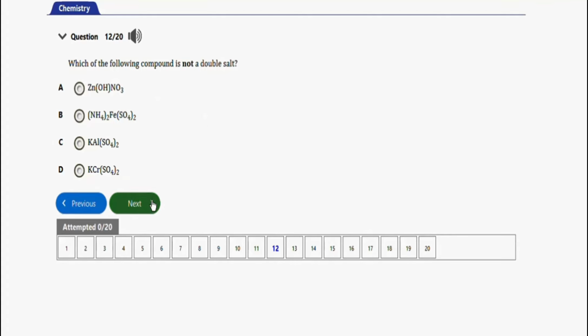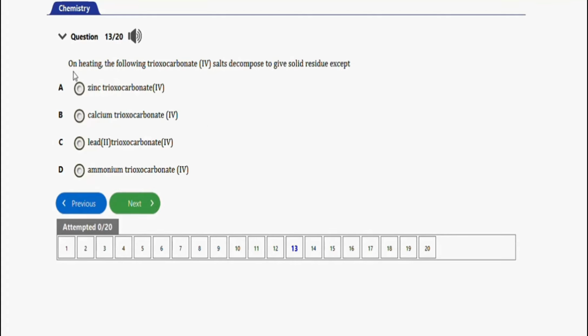On heating, the following trioxocarbonate(IV) salts decompose to give solid residue, except: zinc trioxocarbonate(IV), calcium trioxocarbonate(IV), lead(II) trioxocarbonate(IV), ammonium trioxocarbonate(IV). The right option would be option D, ammonium trioxocarbonate(IV).